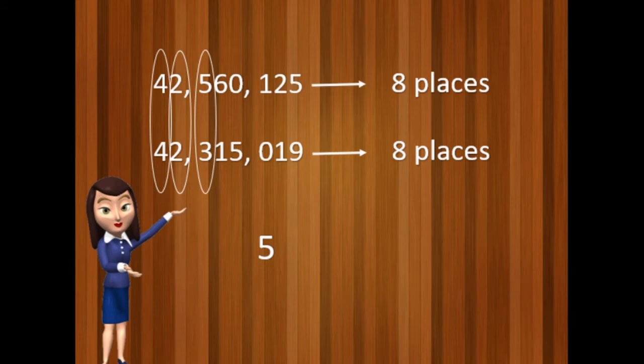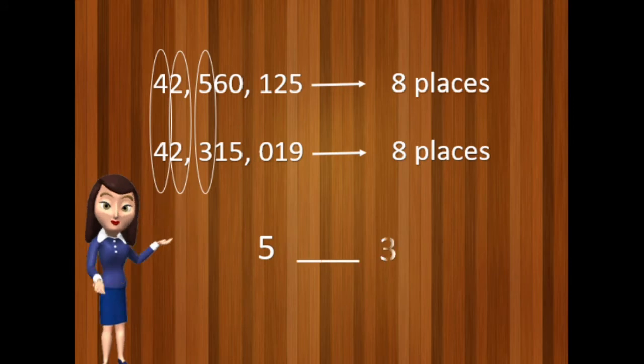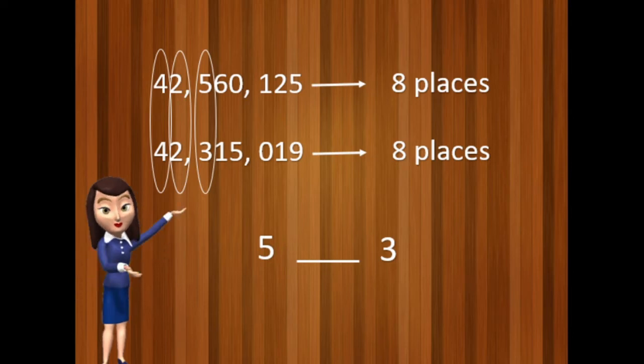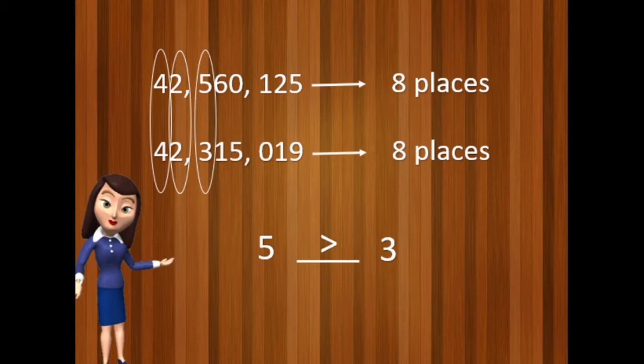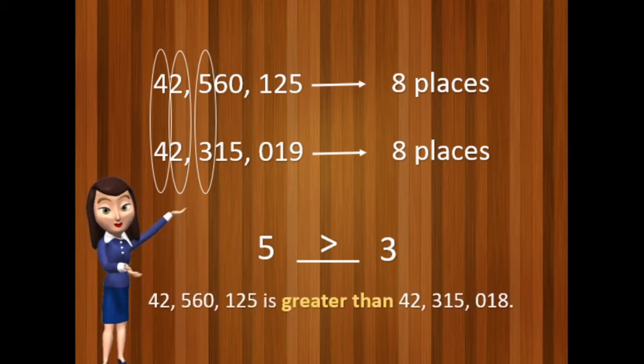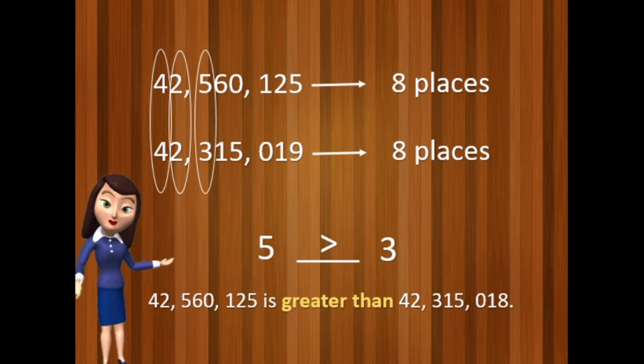So we compare 5 and 3. 5 is greater than 3, which means 42,560,125 is greater than 42,315,018.